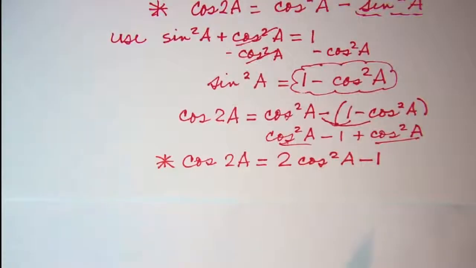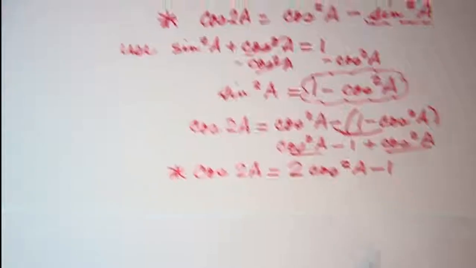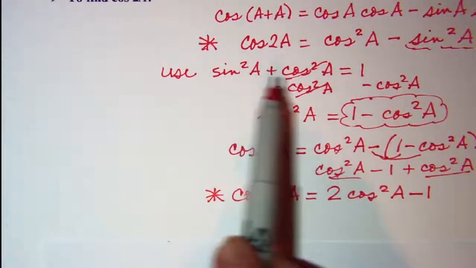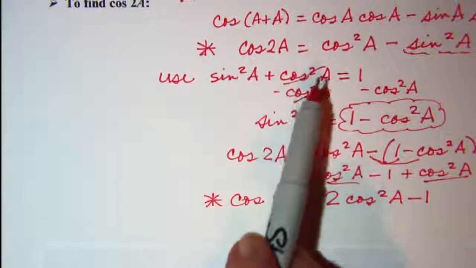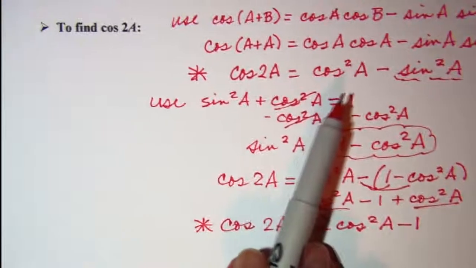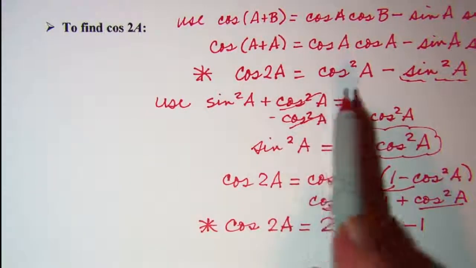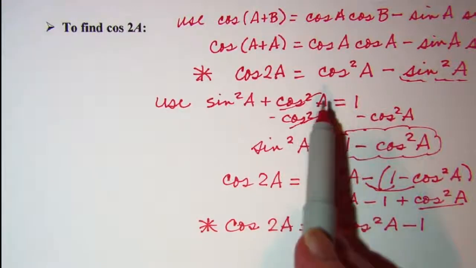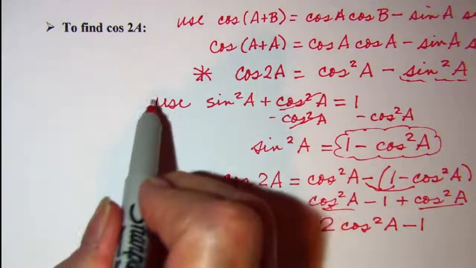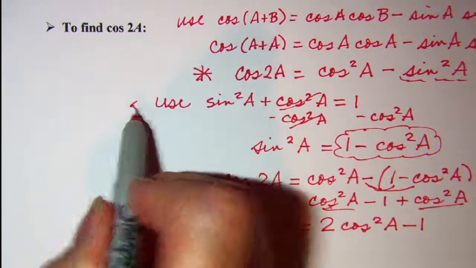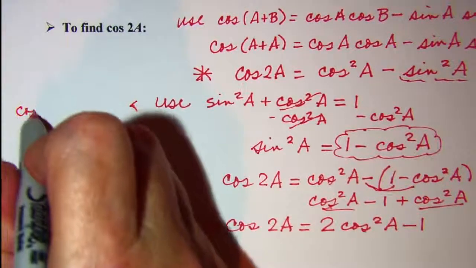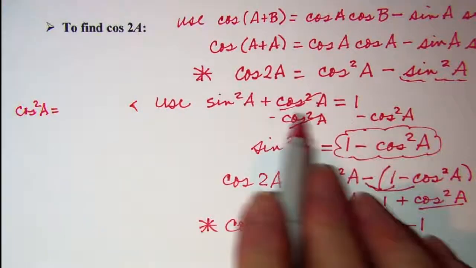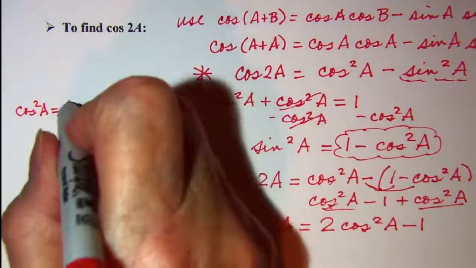And then to get one more, come over here. I'm going to use sine squared plus cosine squared equal 1 again. And this time I'm going to replace the cosine squared. So from my Pythagorean identity, I know that cosine squared a is equal to 1 minus sine squared.